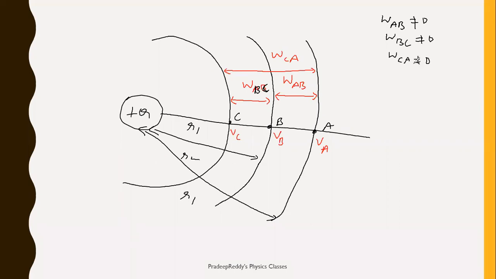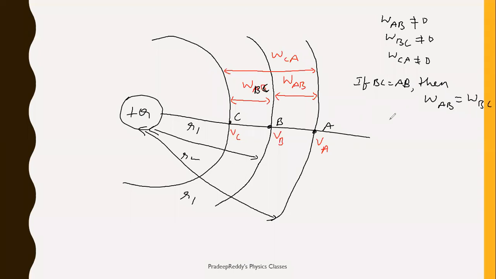And remember, work done is greater in WCA. Suppose BC is equal to AB, then work done AB is equal to work done BC.